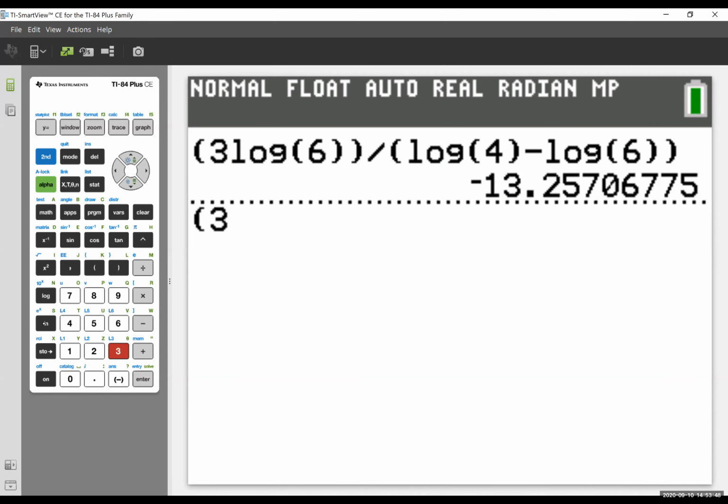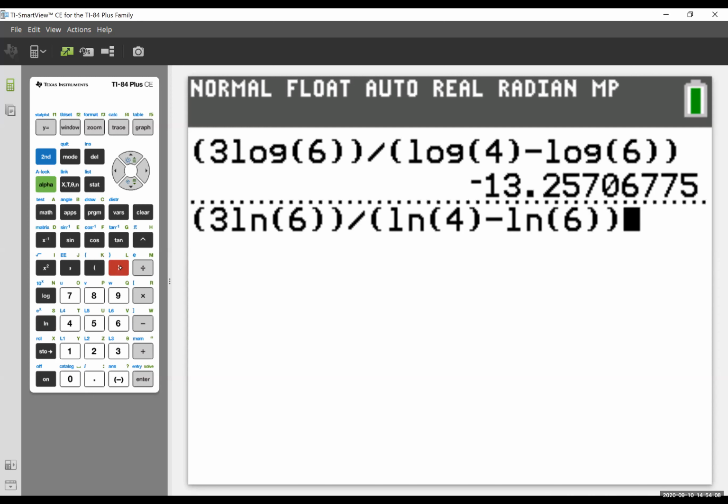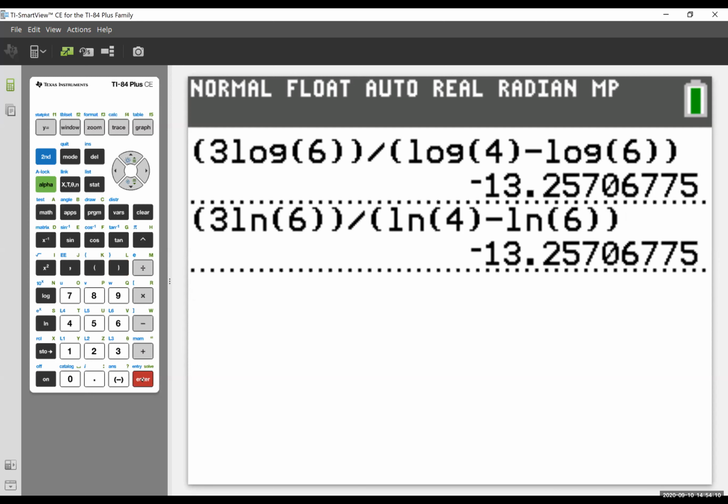I have 3 natural log, that's below the log key, of 6. Close that numerator. Divide by, open up, we have natural log of 4. Close the argument, subtract off the natural log of 6. Close that argument, close the denominator, and enter.